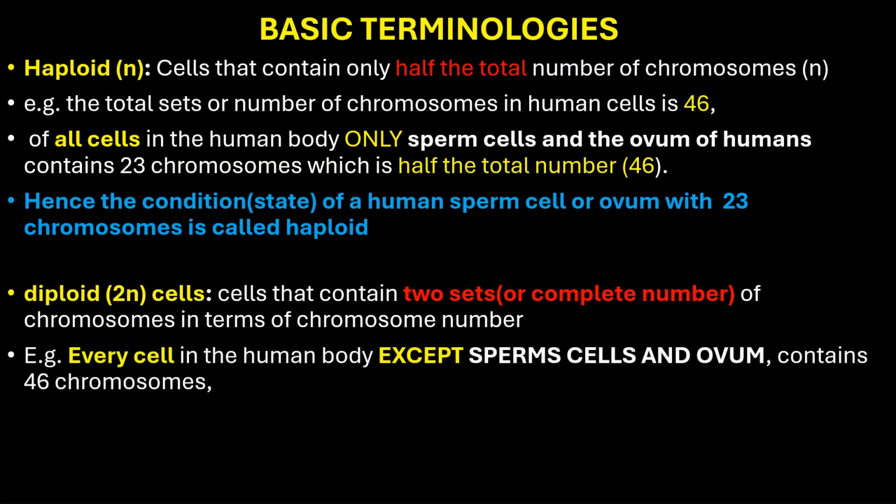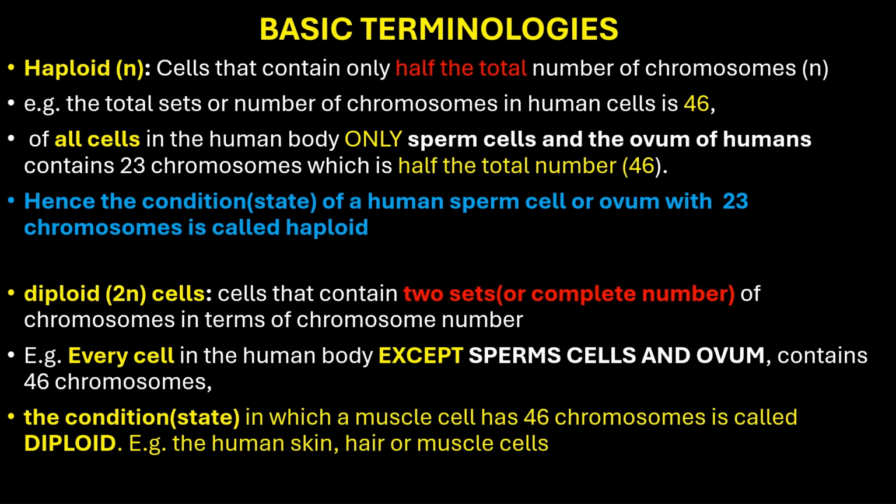Example, every cell in the human body except sperm cells and ovum contains 46 chromosomes. So every cell means all the cells in the human body except our sperm cells and the ovum in females. In other words, the condition or state in which a muscle cell has 46 chromosomes is called diploid.